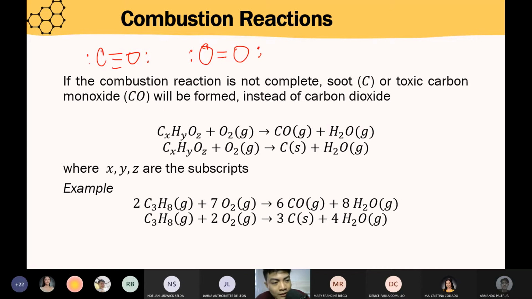Hypoxia is a case wherein your cells die because they lack oxygen. And take note that oxygen is needed in many biological processes, especially metabolic ones, no? Such as electron transport chain. Doon ginagamit yung oxygen to produce water. So yun, kapag kulang ka ng oxygen, hihinto yung electron transport chain.